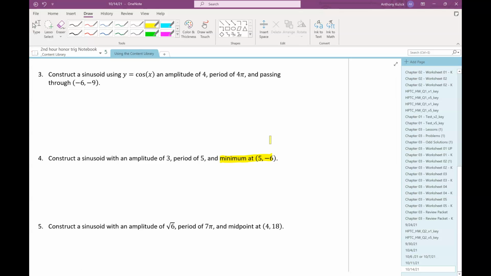So that's why I would use cosine there, because now I can't use 0, 0 for sine because that's a midline point and not an extreme point. So whether it's a midline point or a min or a max is basically going to help me decide whether I want to use sine or cosine. Does that work for you?